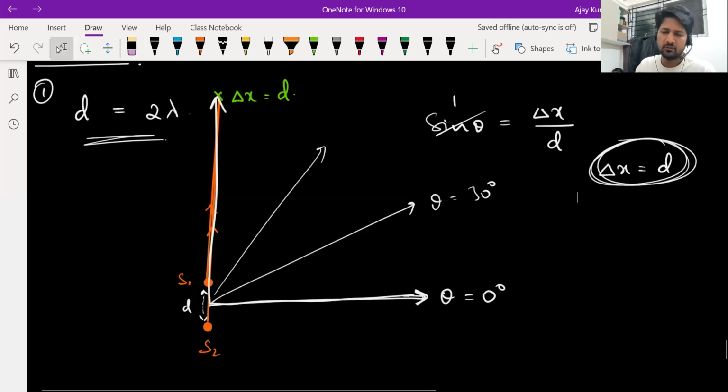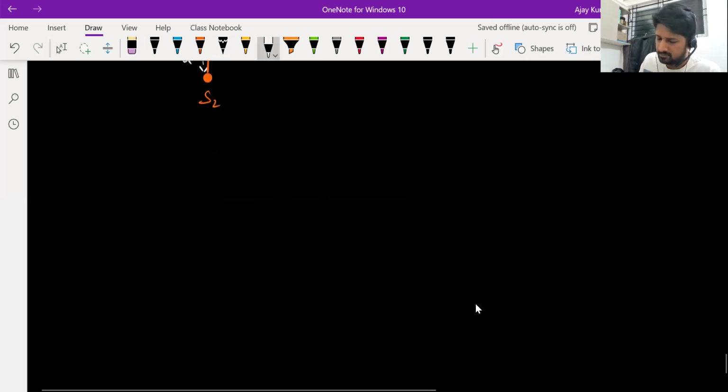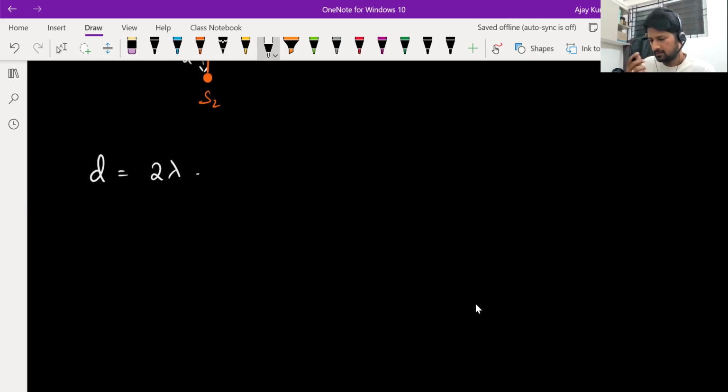So consider two sources which are placed at a distance of 2 lambda from each other. Let's say the screen is placed at a distance of 4 lambda from the sources. Sources are in phase with each other. Their wavelengths are equal, amplitudes are equal, all that is fine.